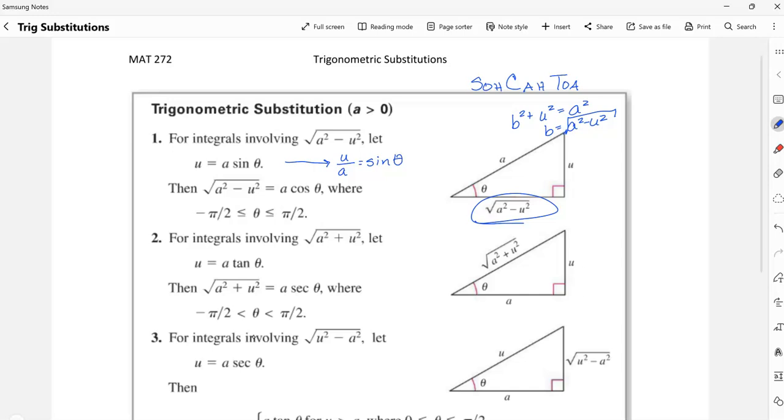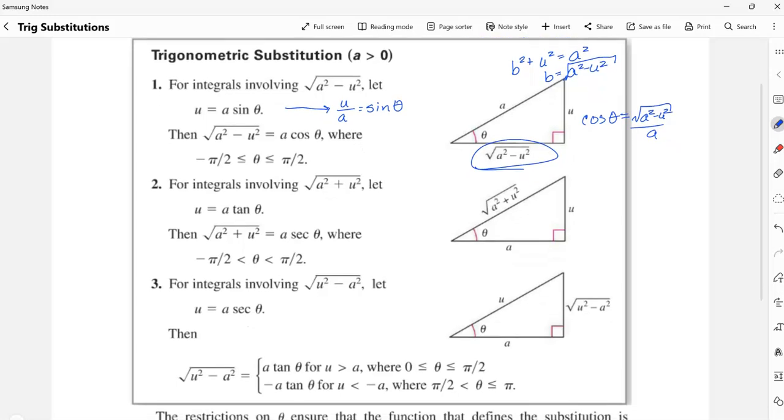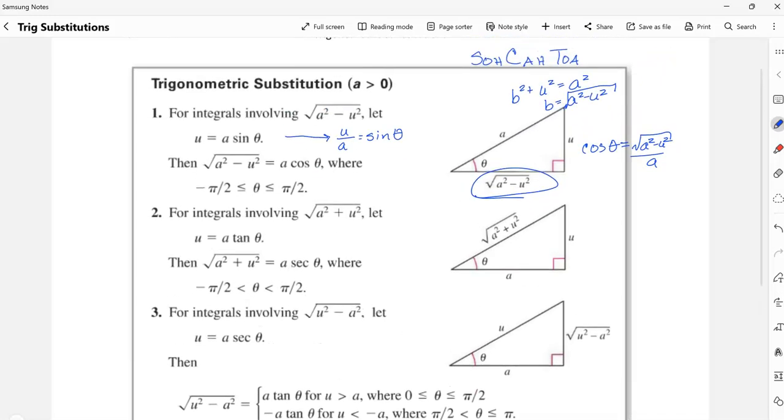If we're using this right triangle, remember cosine is adjacent divided by hypotenuse. So adjacent would be that square root of a squared minus u squared. Hypotenuse would be a. So you can see if I solve that for that square root, I'm going to get a cosine of theta.